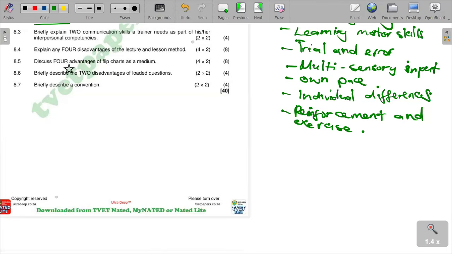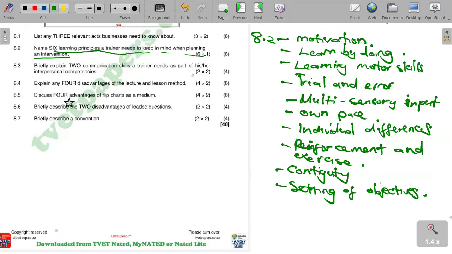Right, so there are many principles. Another one to add is contingency, and the setting of objectives, etc. So I think we have done justice to question 8.2. Let's go to 8.3.